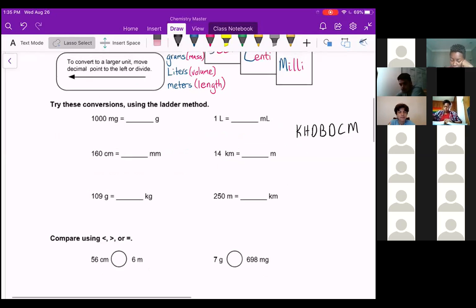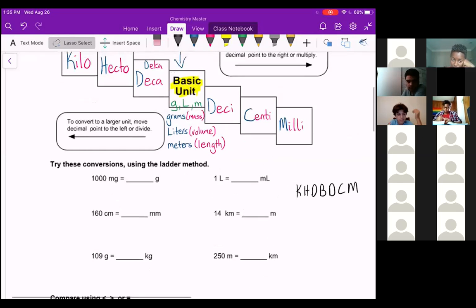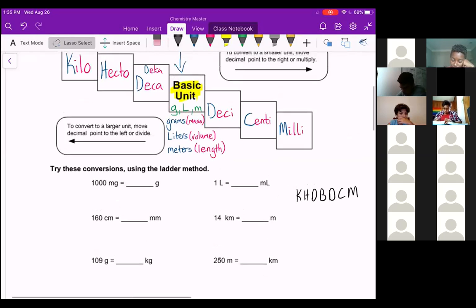So we have 1,000 milligrams, and they want to know, if I converted that, how many grams is that equal to? Now, a gram is already small. A milligram is really small. So if I have 1,000 milligrams, I should have less grams.